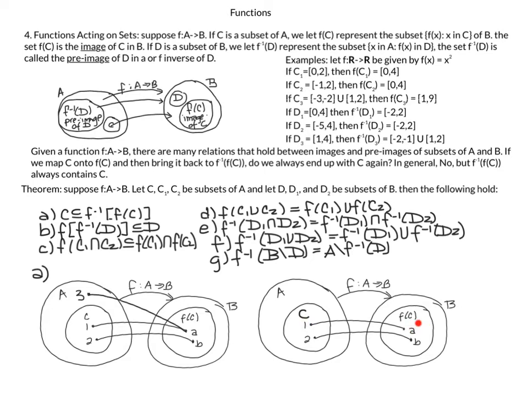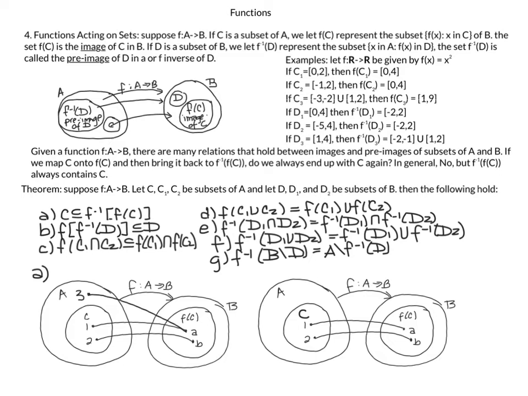And then I thought, okay, if I then take the pre-image of f of C, I'm obviously going to get back C. So somehow this seems like it should be an equality. But this theorem seems to think that C is contained in the pre-image. In other words, it thinks that this C here is a subset of the pre-image.